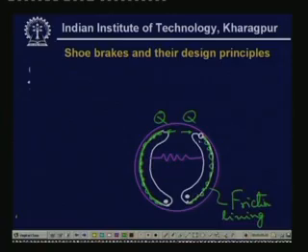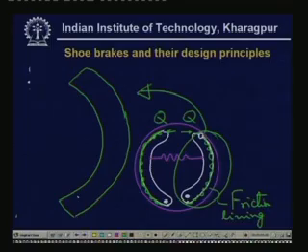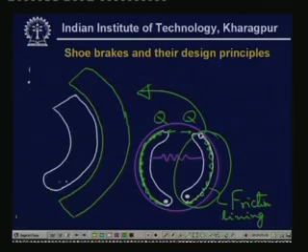When this brake rotates, let me draw this part a little bit bigger. So, this is the part, and we have a brake shoe over here. This is the fulcrum, and there may be a lining.